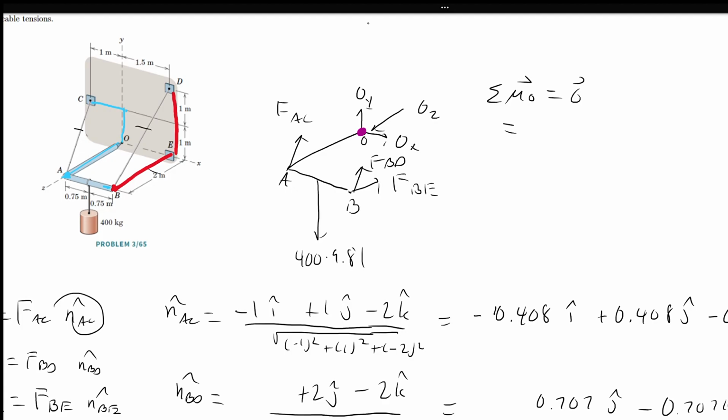And that's going to also be equal to our OA, which I'll need to find, cross FAC, plus ROB crossed with FBD, plus ROB once again crossed with FBE, plus RO to the weight, which I'll call W, crossed with, if you look, Y is actually vertical here, Z is in this direction, so all the weight is actually in the negative Y direction, which may or may not be why I had to redo this problem.